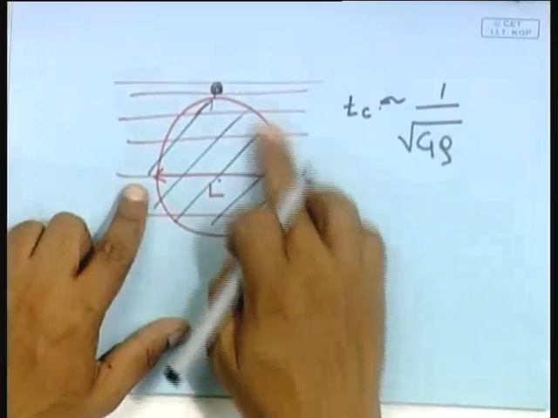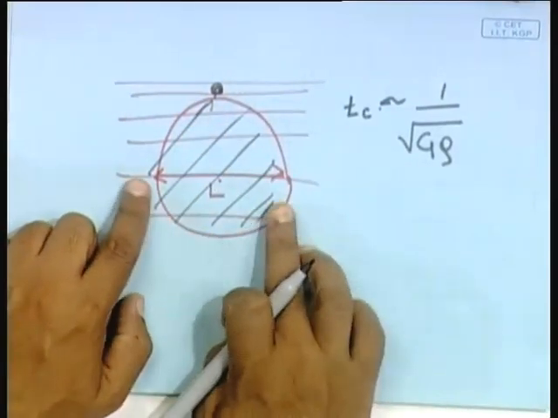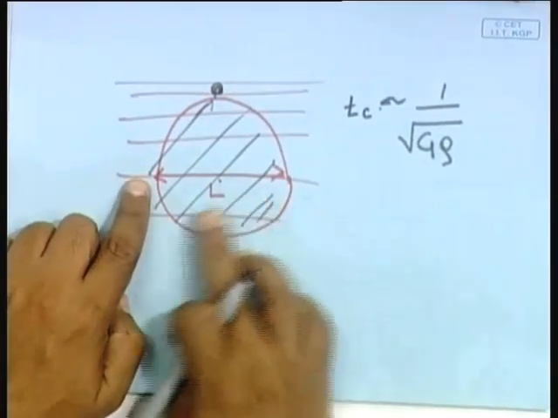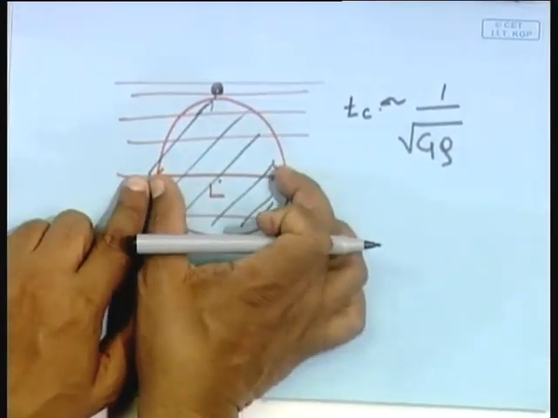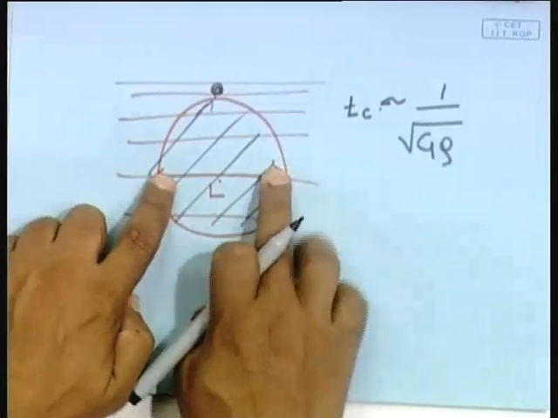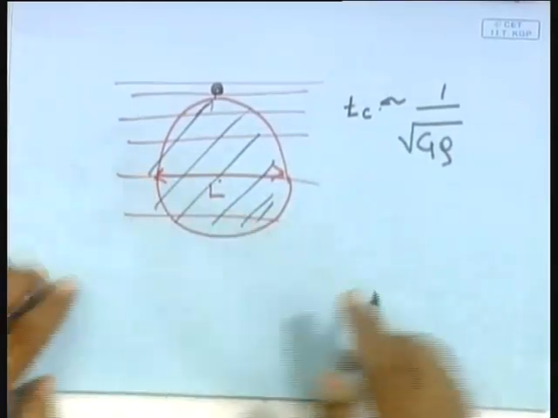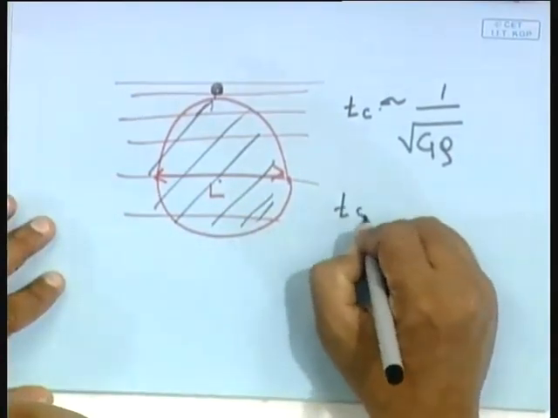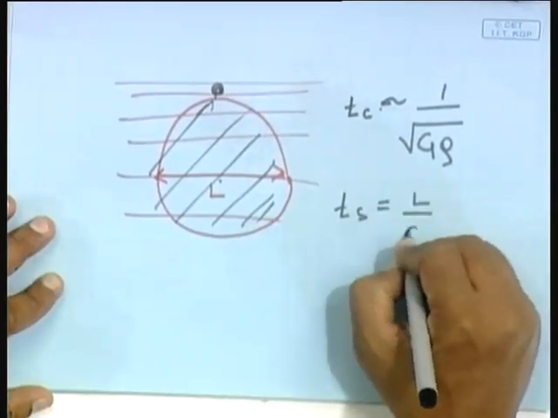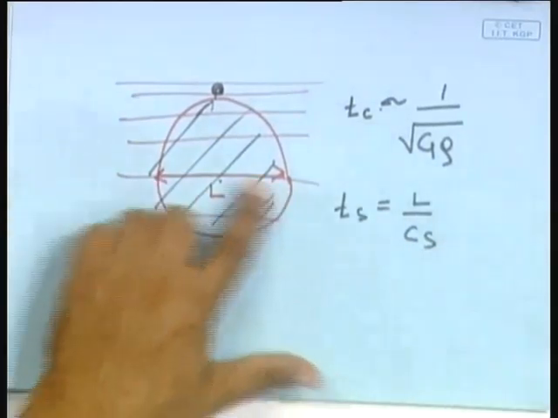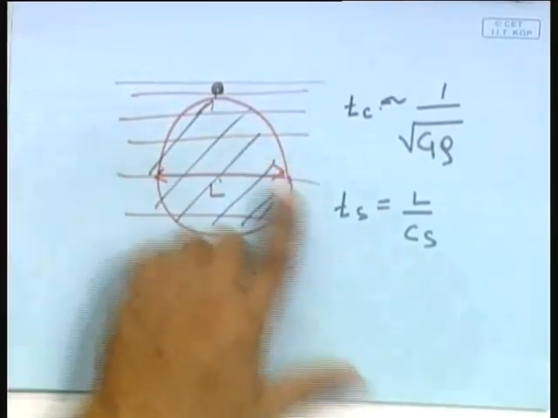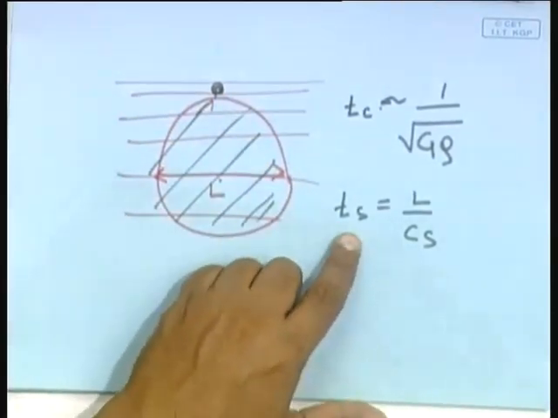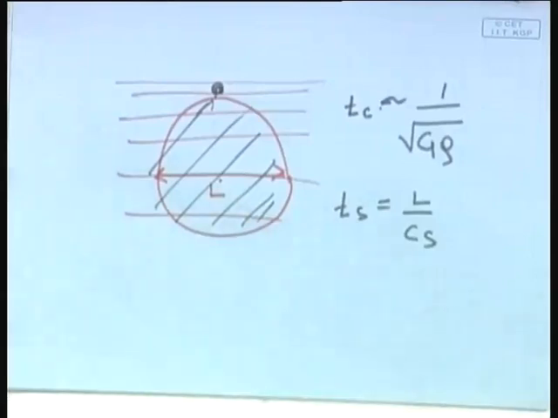The information that there is an overdensity of length scale L, so that the pressure should act coherently on this length scale, will take a time Ts, which is the length divided by the speed of sound, to cross this. So the pressure gradient cannot act on a time scale smaller than this to prevent it from collapsing.